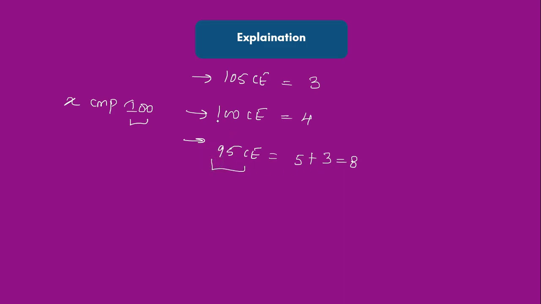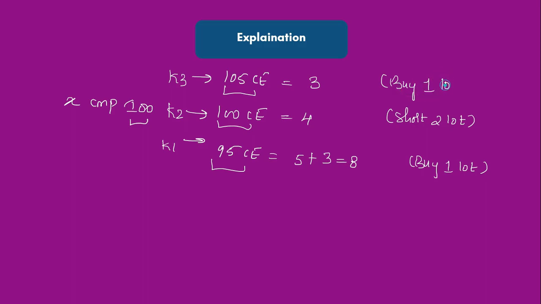K1 is the smallest strike, K2 is the medium strike and K3 is the highest strike. So I'll just name them K3, K2 and K1 respectively. Now the rule says I buy one lot of K1, I short two lots of K2 and I buy one more lot of K3.